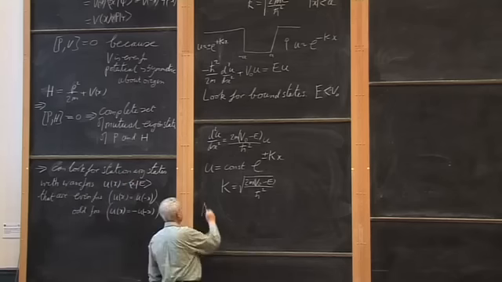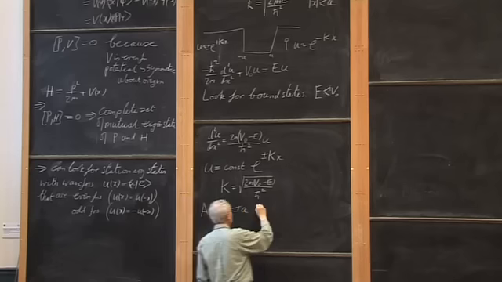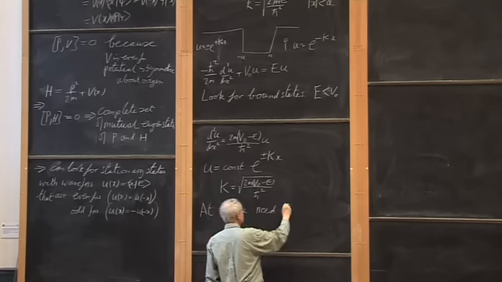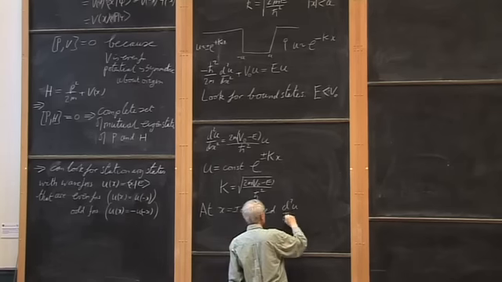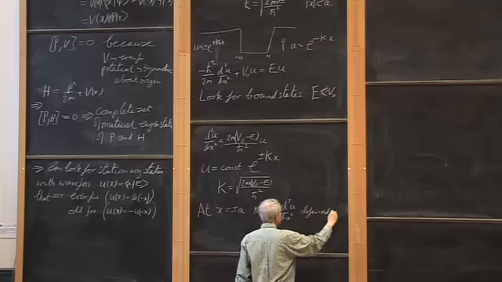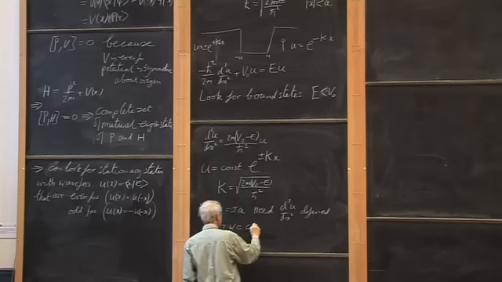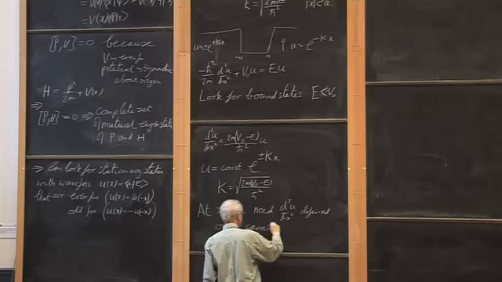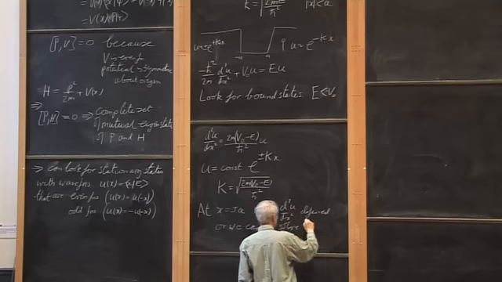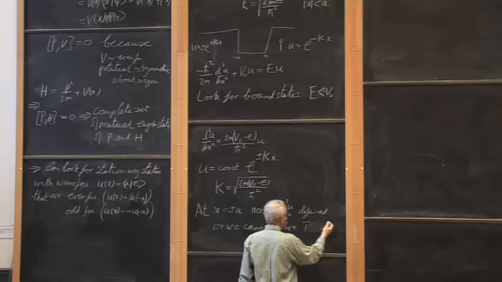So what we can say is that at x equals plus or minus a, we need that d2u by dx squared is defined, or we can't satisfy the TISE there.